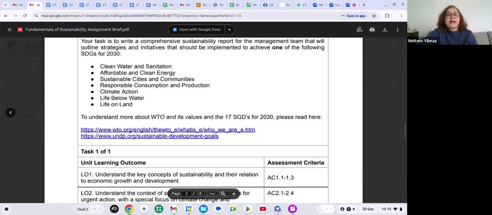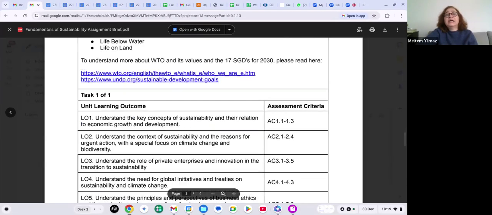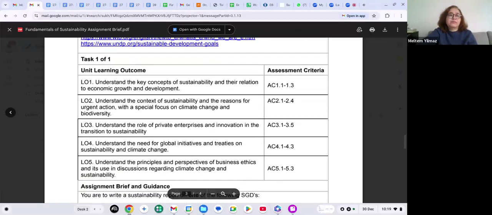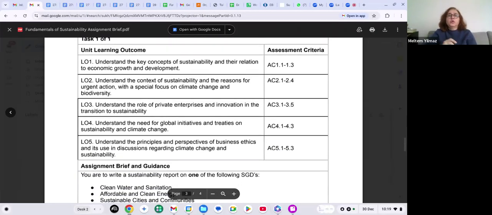The task of this assignment is, first of all, to specify all 5 learning outcomes. These are our assessment criteria. We will analyze if you have understood and specified our 5 learning outcomes for sustainable development and management.